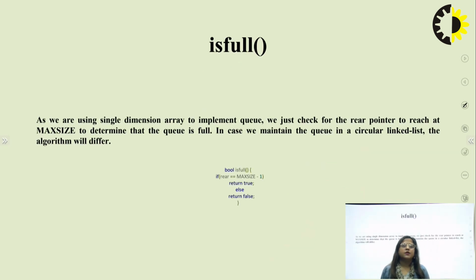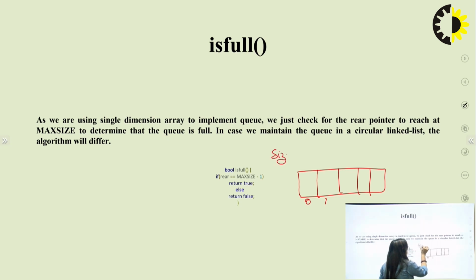Is full means your queue is totally full and no space is left to insert any element. Say you defined the queue size as 5, with indices 0, 1, 2, 3, 4.